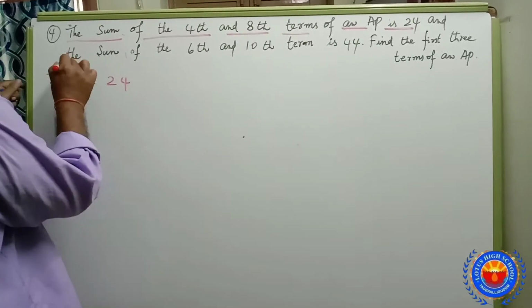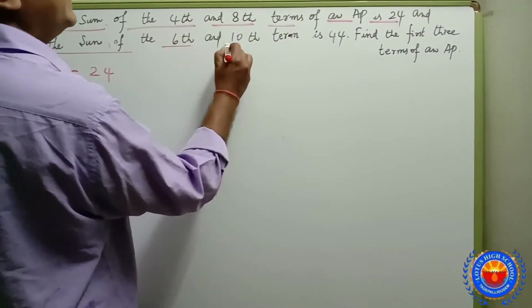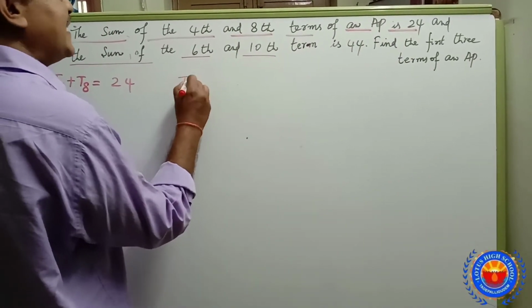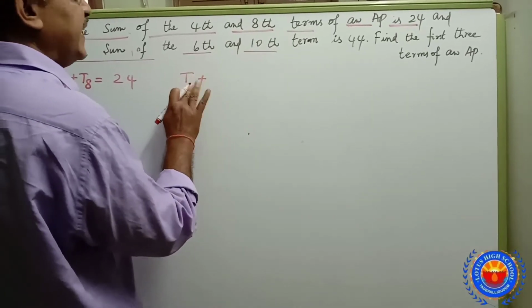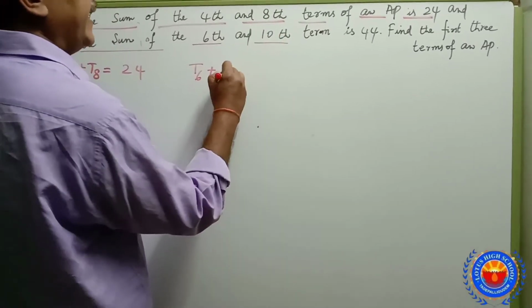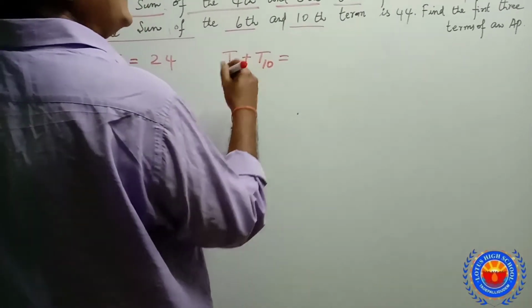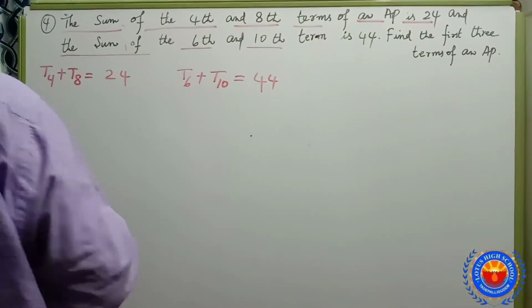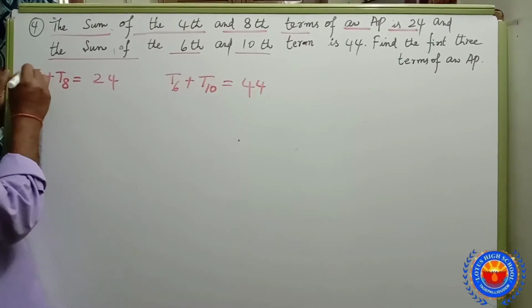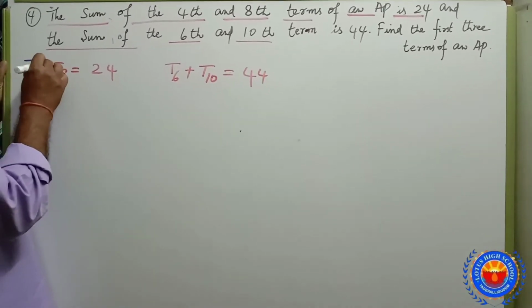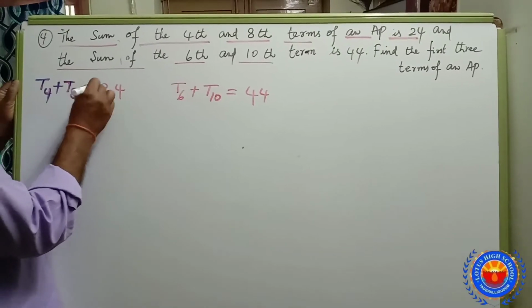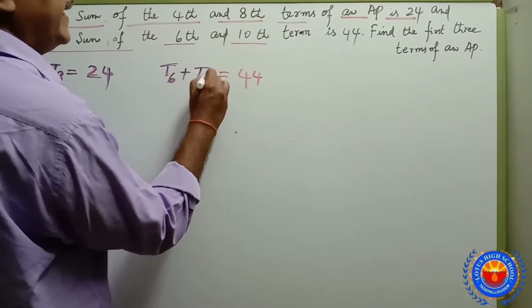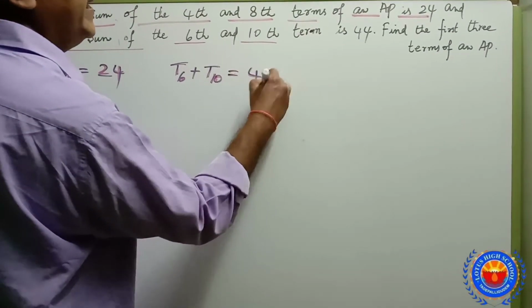The sum of the 6th and 10th terms is 44. 6th means T6, so T6 plus T10 is equal to 44.